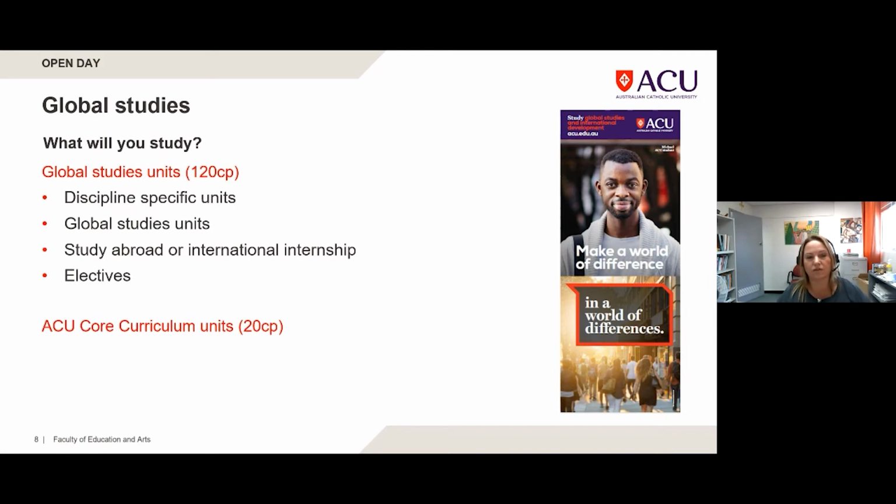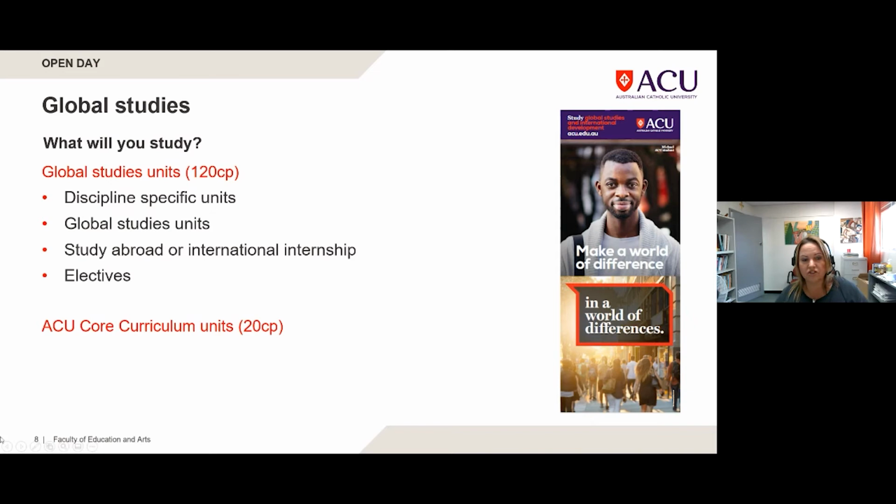And then you go on through your electives in global studies to explore an aspect of global studies more in depth that appeals to you. So it could be environmental studies and sustainability, or it could be sociology, or whatever appeals to you. You take electives in that area.